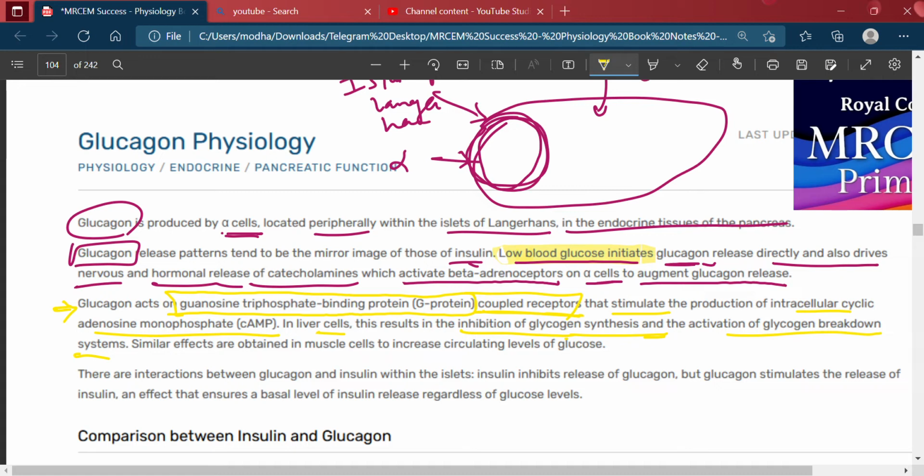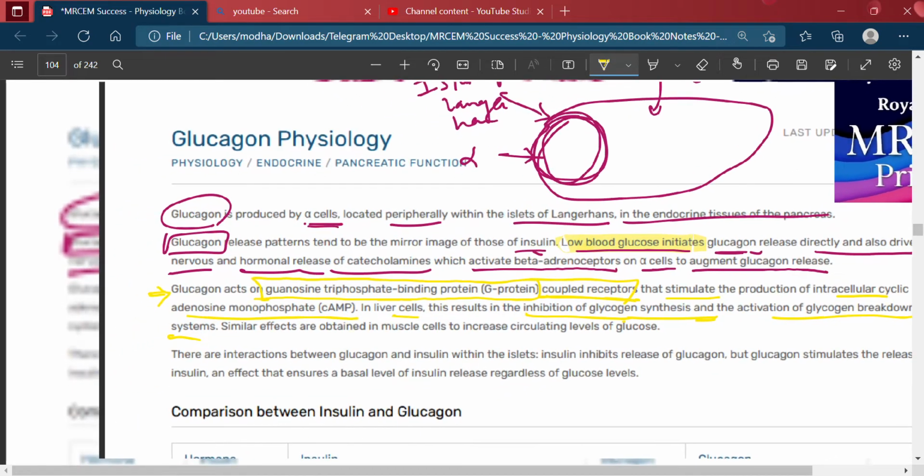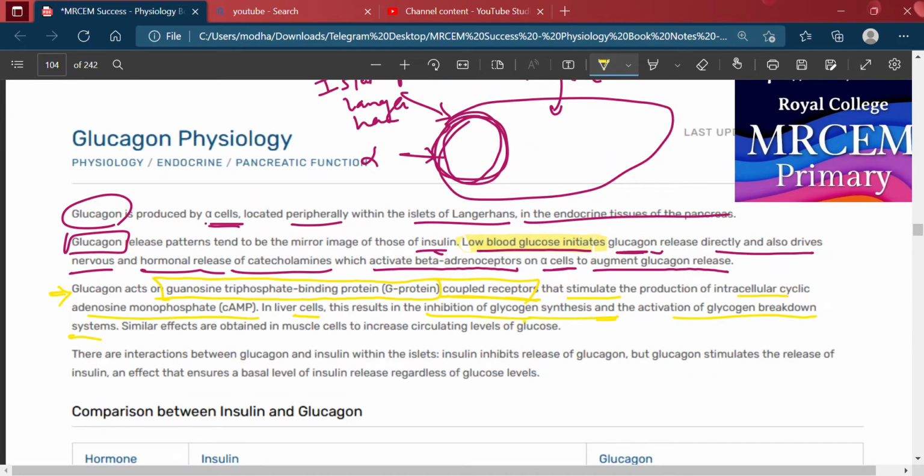It acts on the G protein coupled receptor, which stimulates the production of cAMP.